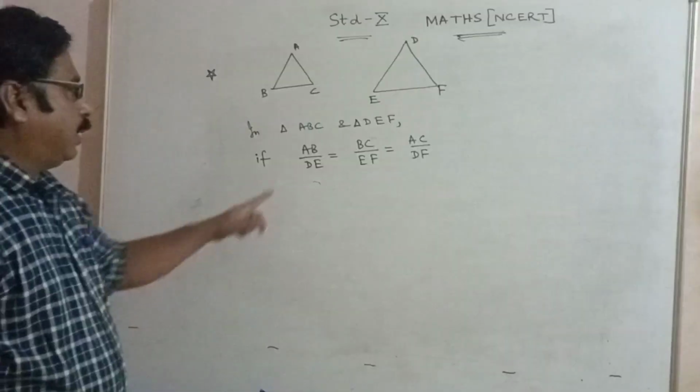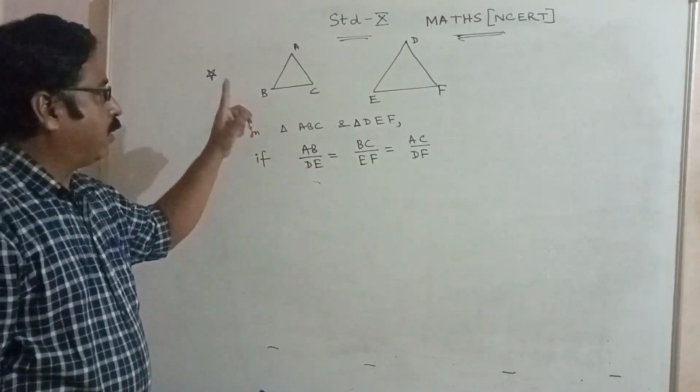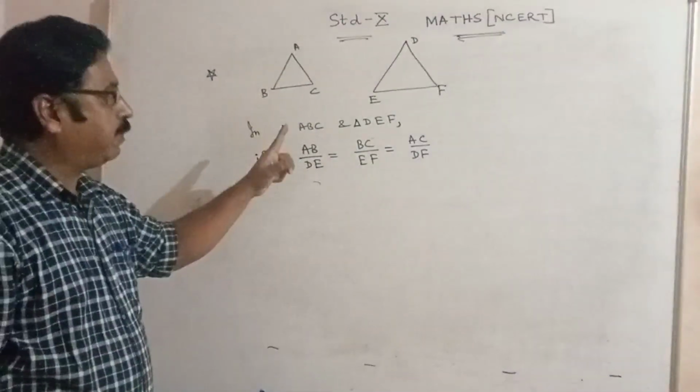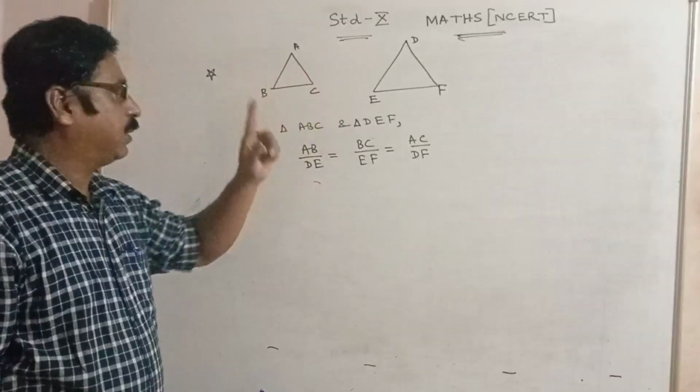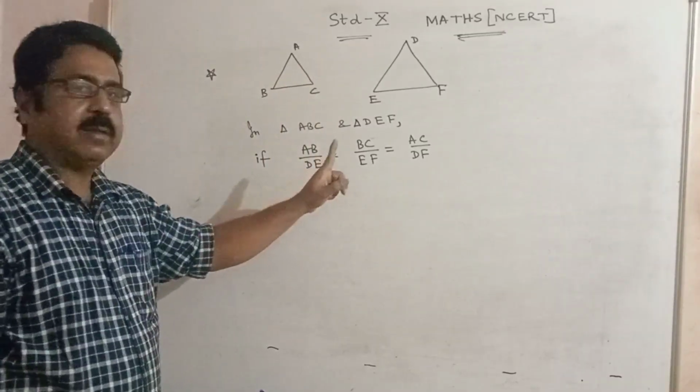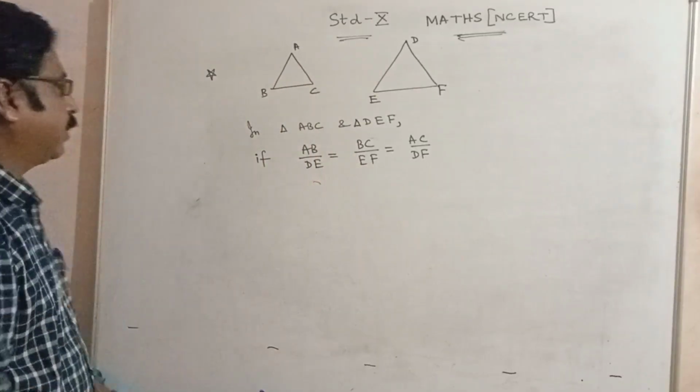Means ratios of corresponding sides of two triangles are the same.